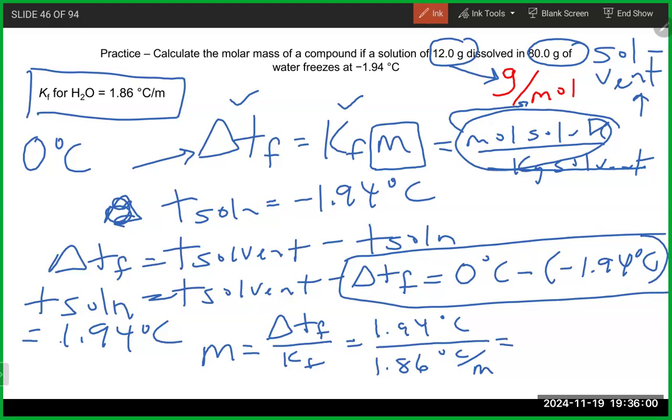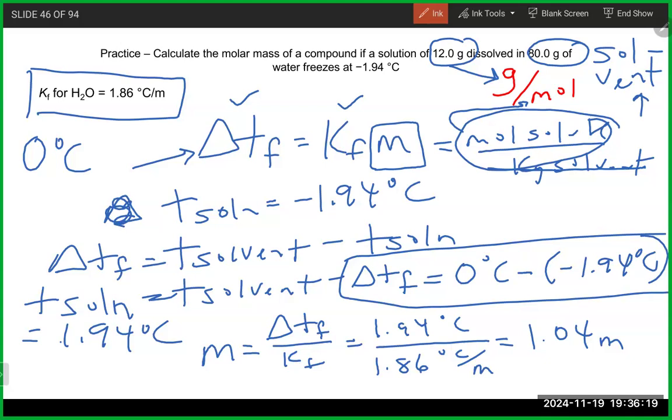So if I do that, we will end up with 1.94 divided by 1.86. That is going to get us a molality of 1.04 little m in that case. Any questions on that so far?